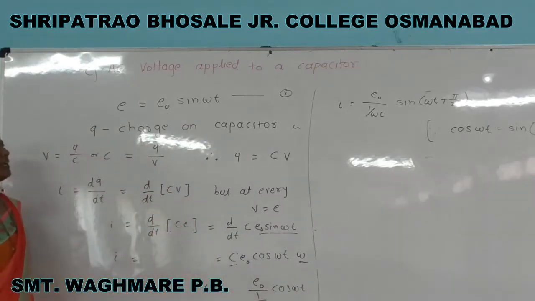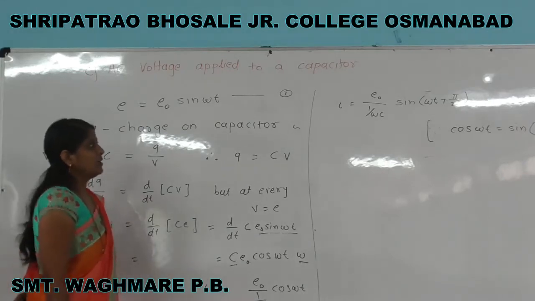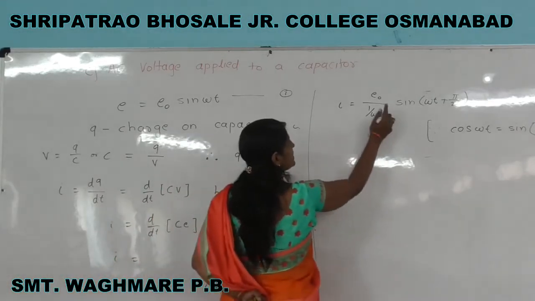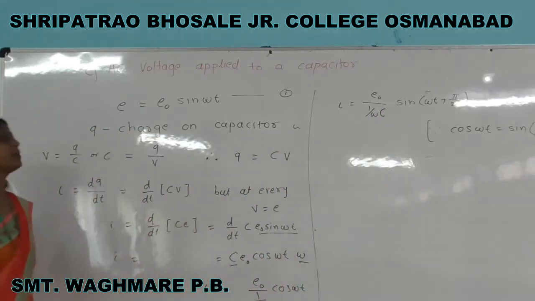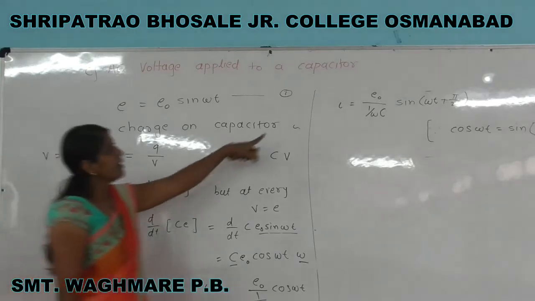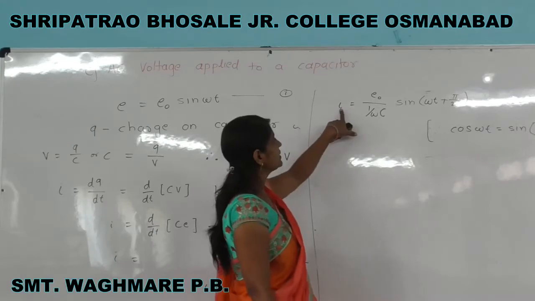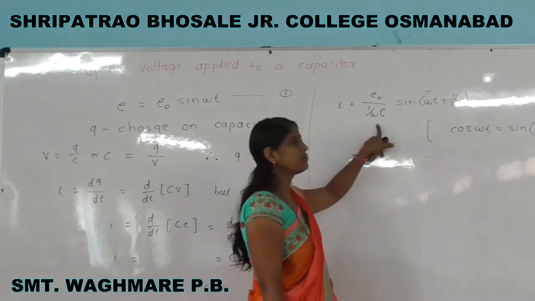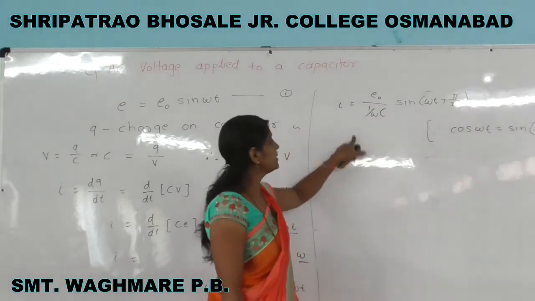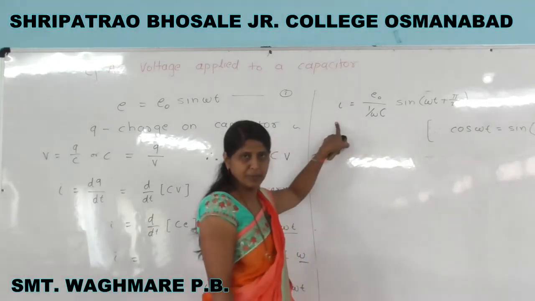I is equal to E naught upon 1 upon omega c. This c is the capacitance, so we can write here as capital sine omega t plus pi by 2. The current will be maximum here in this case. This is the formula of current which is passing through the capacitor, and at that instant the current will be maximum.